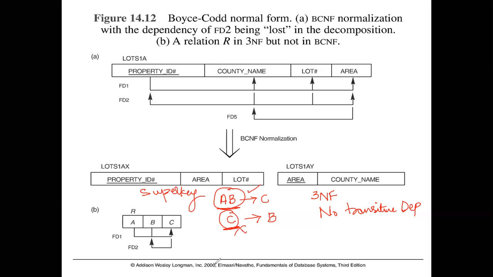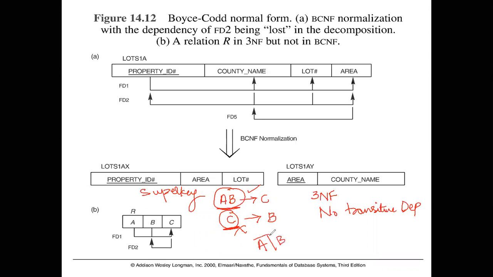It is not, because C is being determined by A and B together. So this particular example is not in BCNF. So if it is not in BCNF, how can we convert it? Here we can divide it into tables like this.